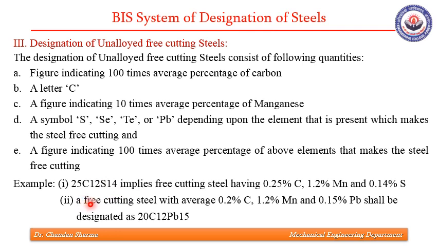We can also do the reverse. A free cutting steel with average 0.2% carbon, 1.2% manganese and 0.15% lead shall be designated as 20C12Pb15, because 0.2 into 100 is 20, 1.2 into 10 is 12 and 0.15 into 100 is 15. If we want to decompose it, we will divide. If you want to find the designation, we will multiply. So this is pretty simple.